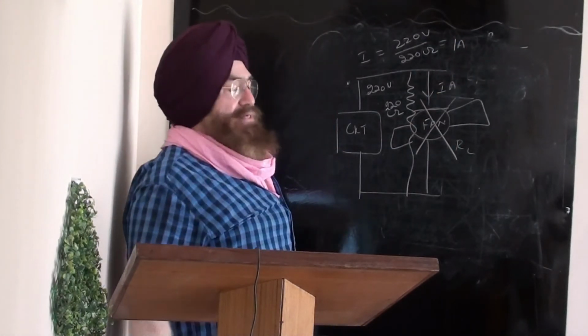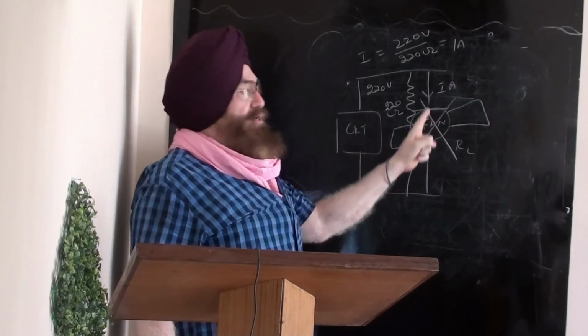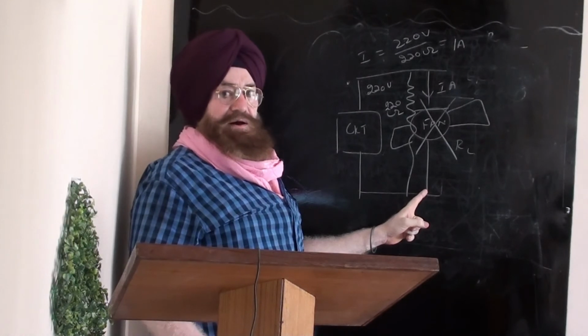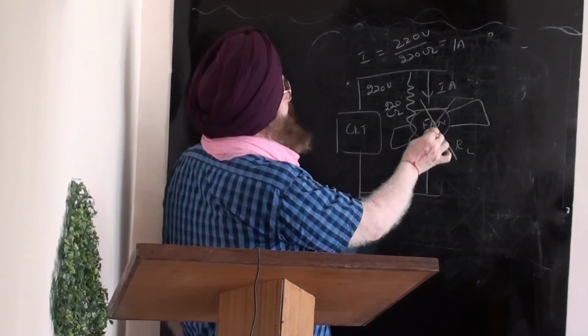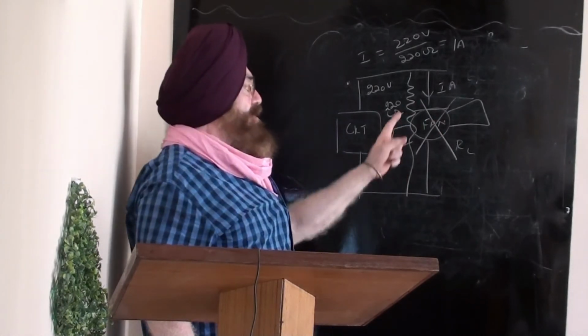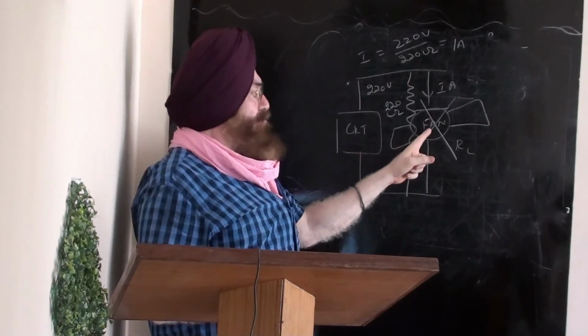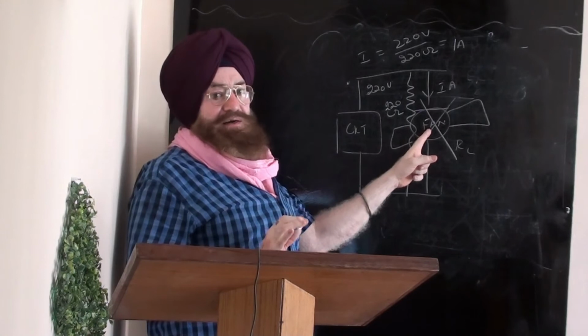Then I will say this 220 ohm is the load resistance here for the fan. The load resistance means the equivalent resistance which draws the same amount of current as your appliance which was drawing the current.